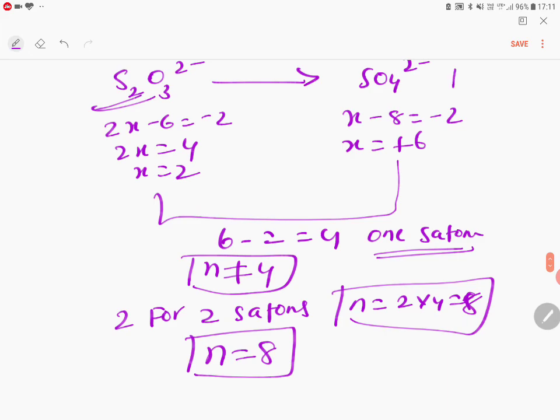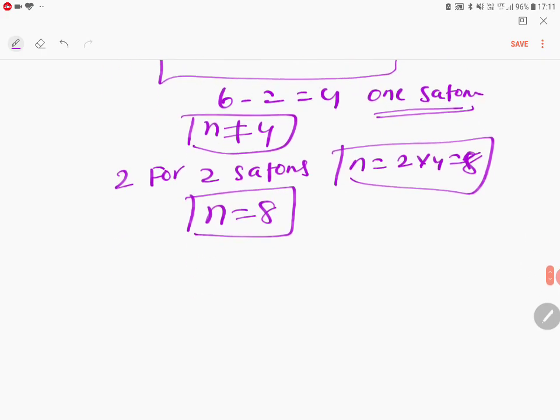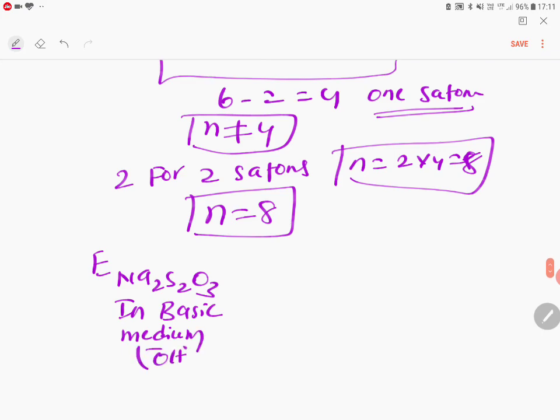So therefore, since it is undergoing oxidation, 8 electrons will come on the right hand side. Therefore, here n factor is equal to 8. Therefore, equivalent mass of sodium thiosulfate in basic medium, in presence of alkali, you can take is equal to molar mass divided by 8.